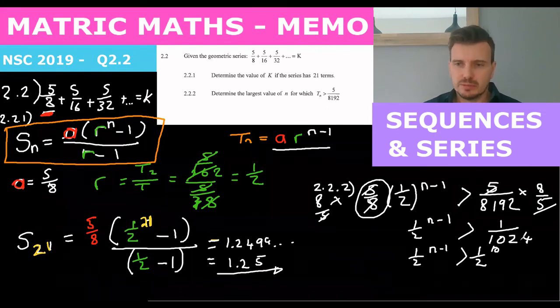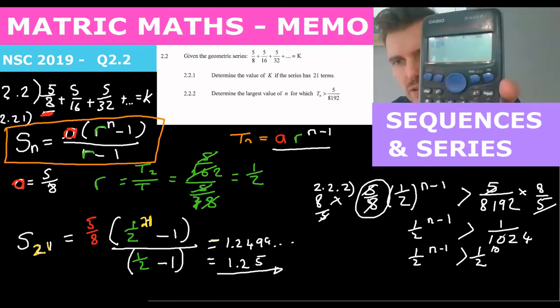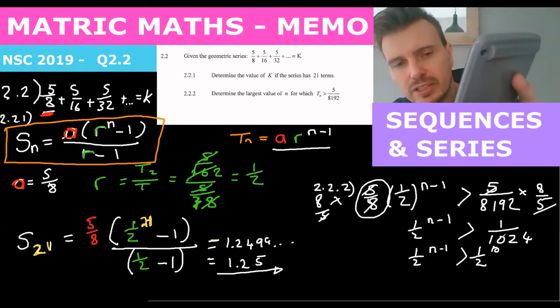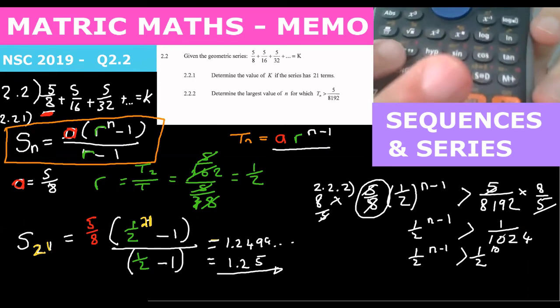If you're not sure about 1024, all you need to do is put 1024 into your calculator, press equals, then shift and use the fact button.